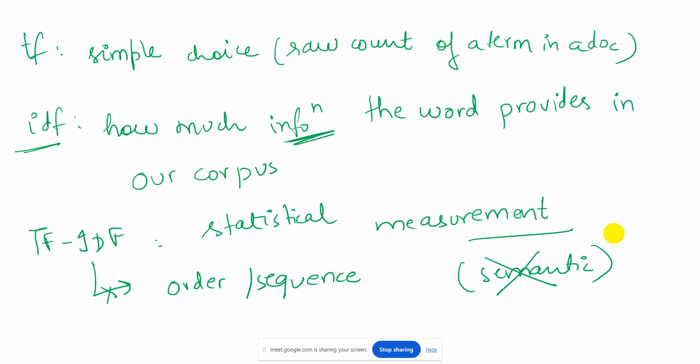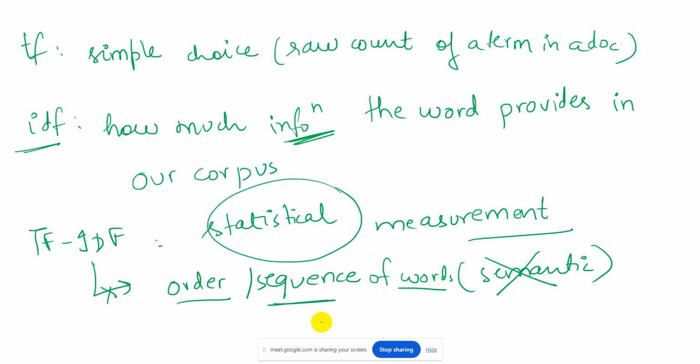But if you do not take this sequence of words into account, you will not be able to understand the meaning, right? So this is just a statistical measure. It does not take the order or the sequence of the words that comprise your document or your corpus into account. Okay, I hope it is clear.